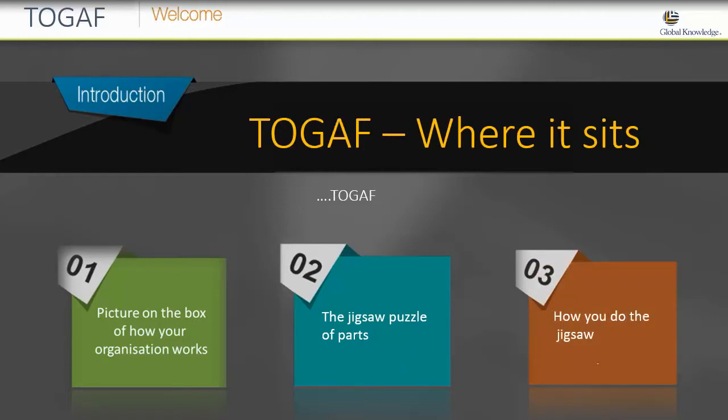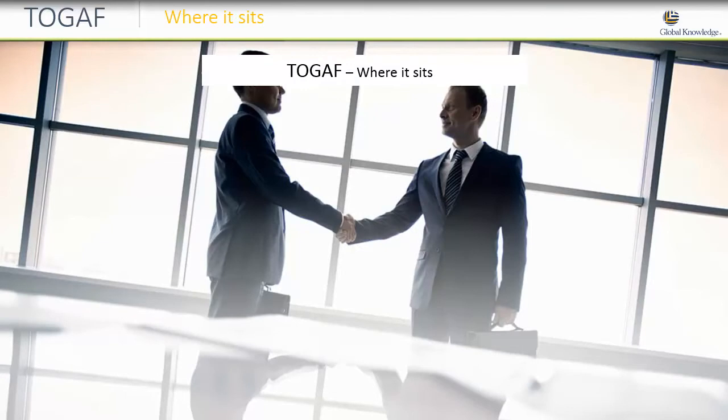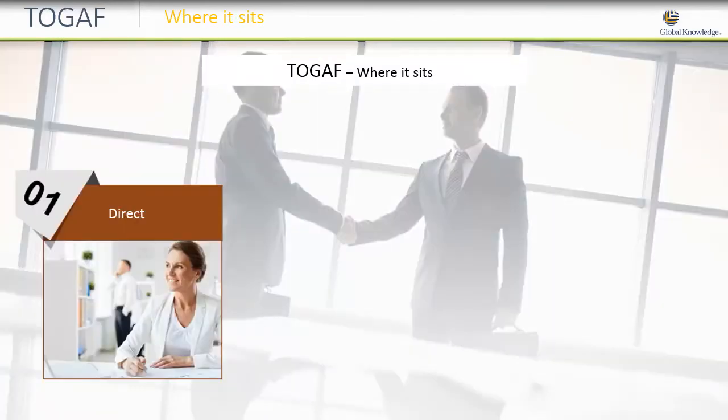Now, from that perspective, the first thing we need to do is look at where TOGAF actually sits and where enterprise architecture sits within your organization. Most organizations subscribe to a model where directives come down from their leaders, from their board.